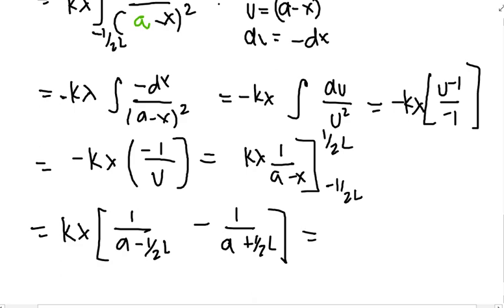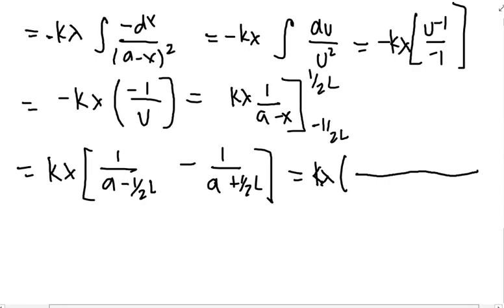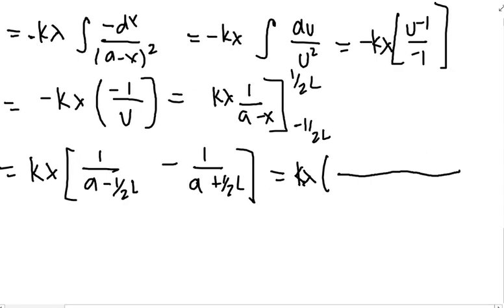So let us simplify our whole equation. This will be k lambda multiplied by, our common denominator will be a squared minus 1 half L squared.